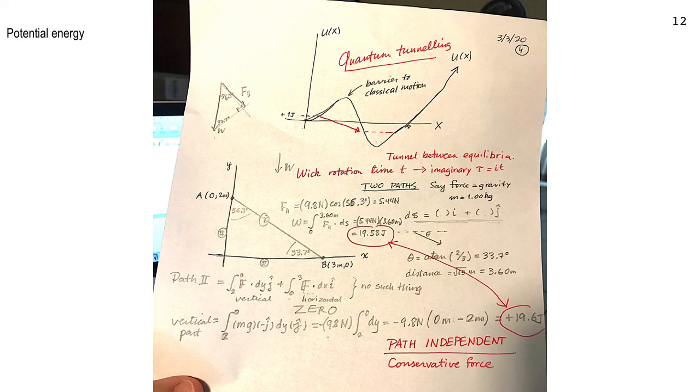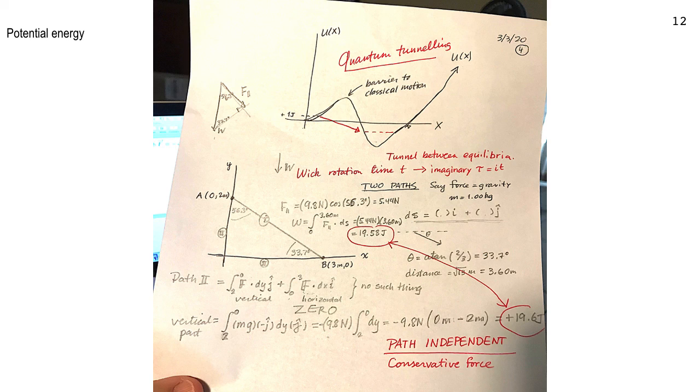Theta is going to be equal to the inverse tangent of 2 over 3, which is 33.7. Anybody verify me? Raise your hand if you verify me. 33.7. Okay, good. Get your calculators out.